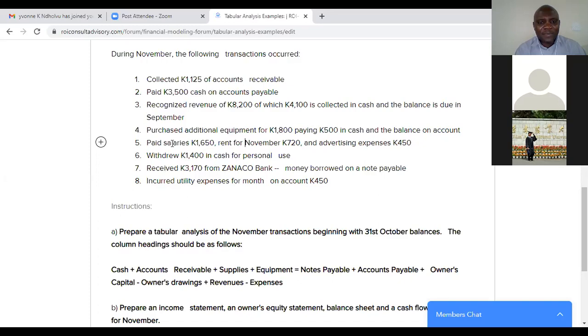So we can say paid salaries 1,650, rent 720, and advertising expenses 450 for November.